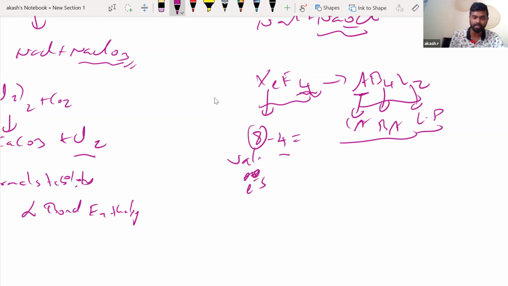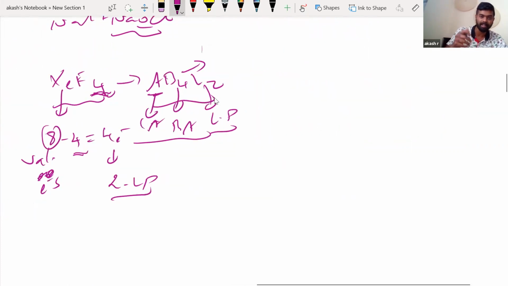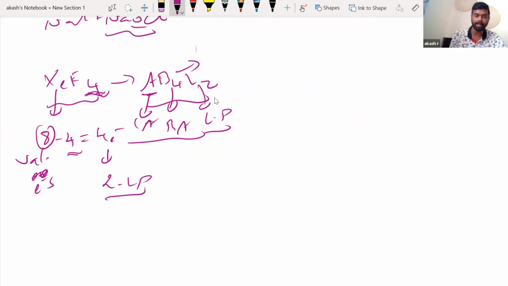Out of these 8 valence electrons, 4 are involved in bonding with fluorine, so what is left out is another 4 electrons. These 4 electrons will be in the form of 2 lone pairs. 1 pair means 2 electrons, so 4 electrons means 2 lone pairs. So the moment you see AB4L2, you must know that it is going to be square planar.